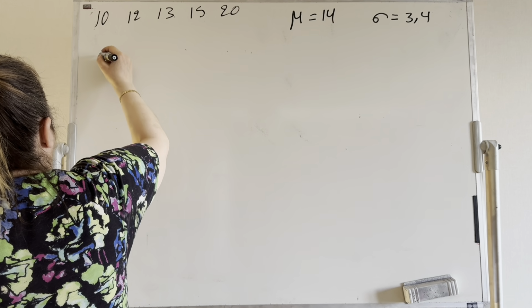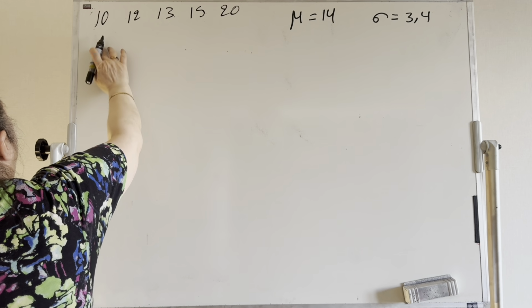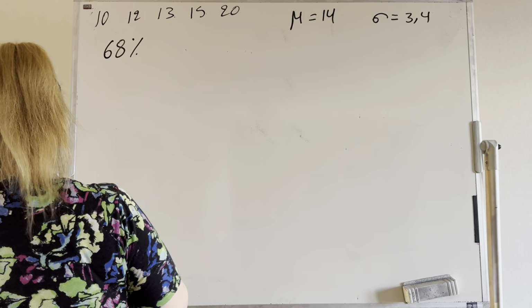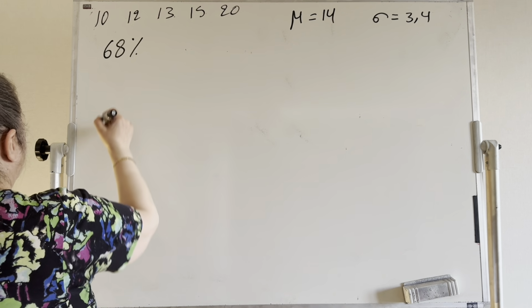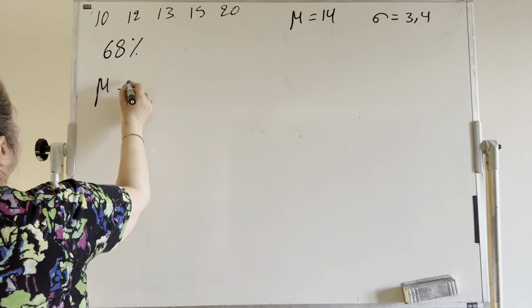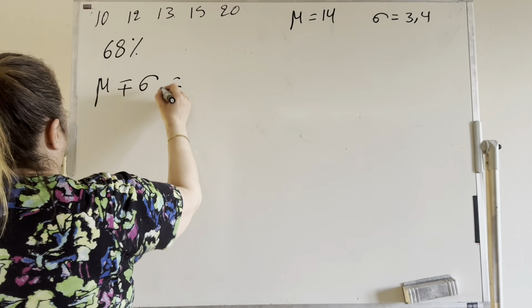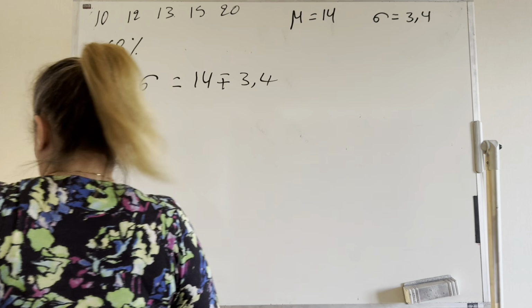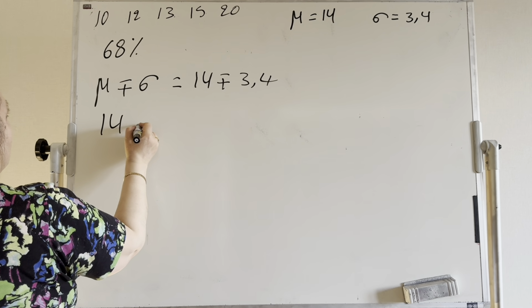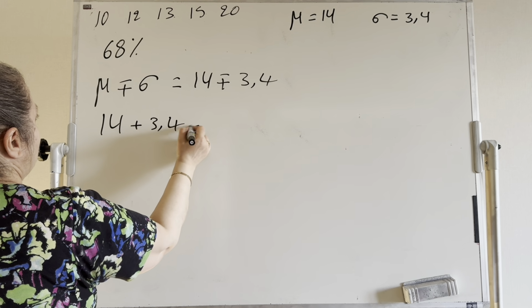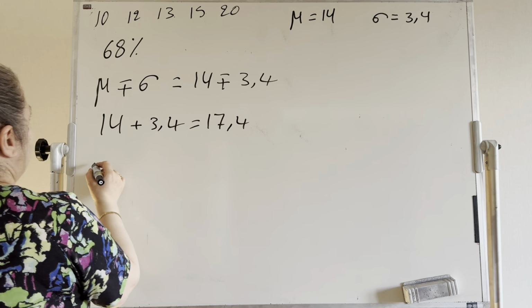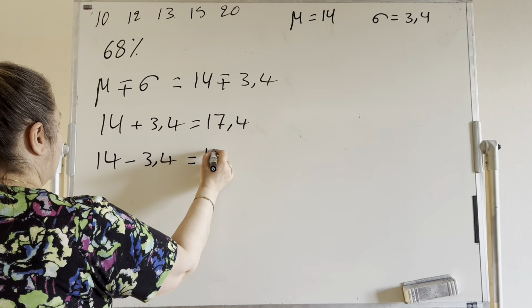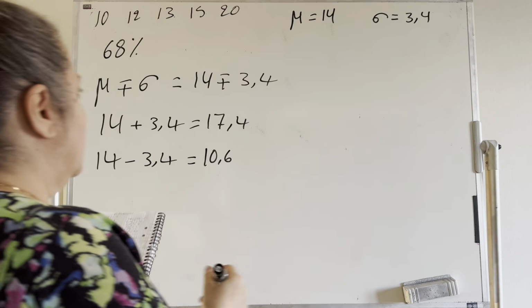The interval of 68%: mu plus minus sigma equals 14 plus minus 3.4. 14 plus 3.4 equals 17.4, and 14 minus 3.4 equals 10.6.